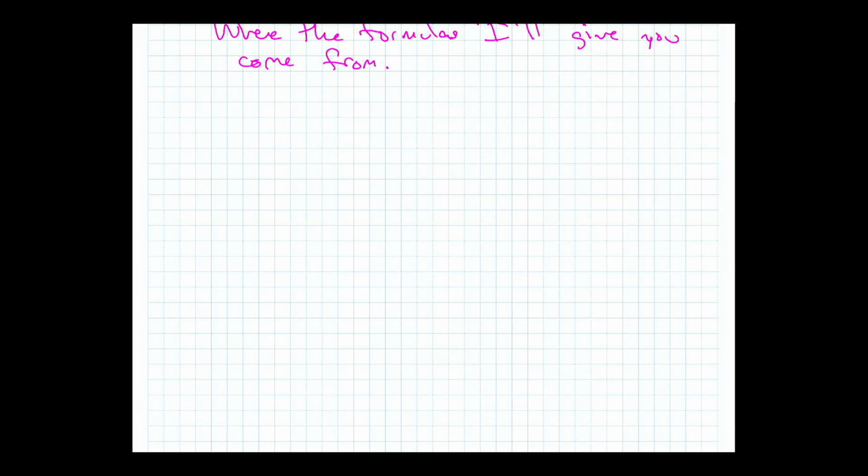Okay, so suppose we have this function. Suppose we have z equals f of x comma y. All right.